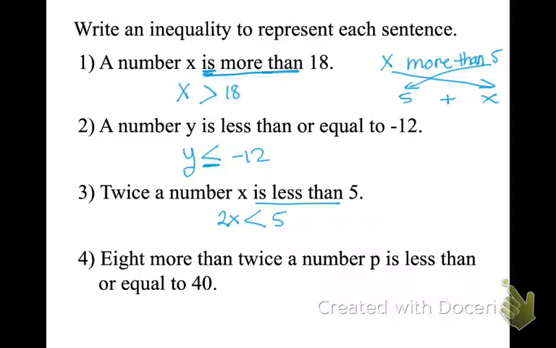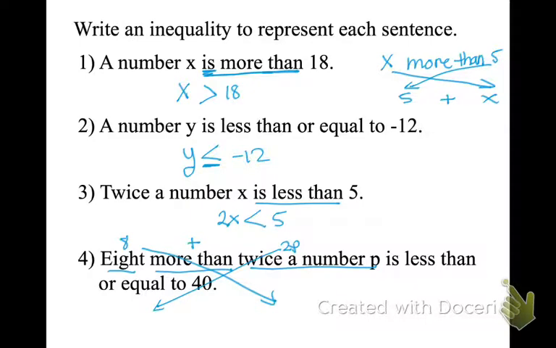And the last one, 8 more than, there's no is there. 8 more than twice a number p. How do I write that? 8 more than twice a number p. This is 2p. Here's the 8. This says more than, but what do we have to do? We have to switch our terms, remember one's coming over here, the other's coming over here.